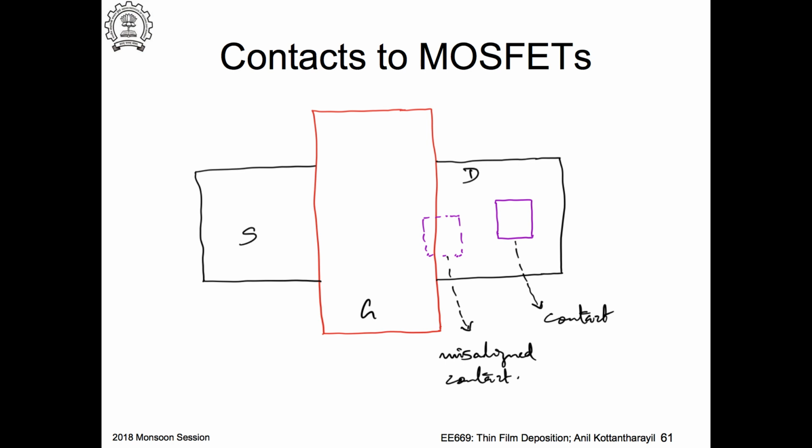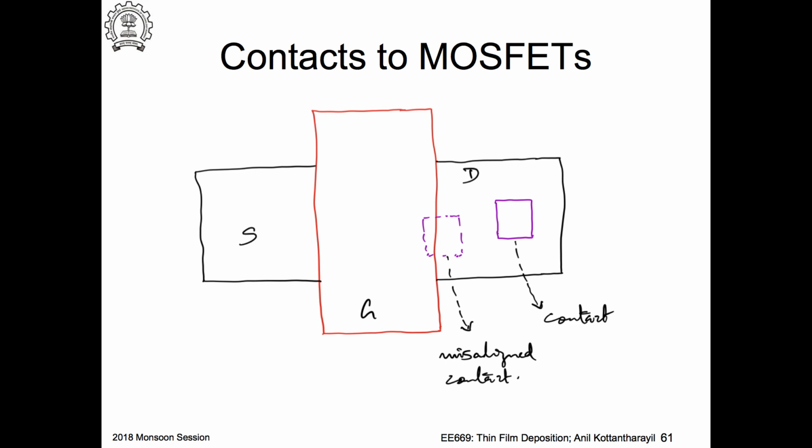If there is an alignment error, what would happen is that I may get it here or maybe here and so on. It may actually result in a short between the gate, the drain and so on. So there will always be an alignment error, and this has to be taken into account in your design.